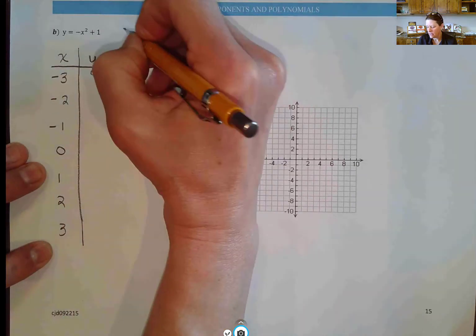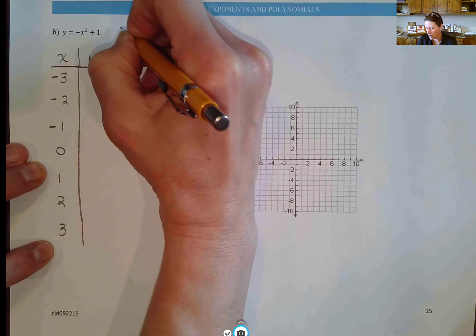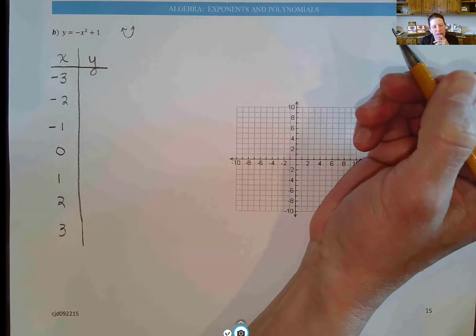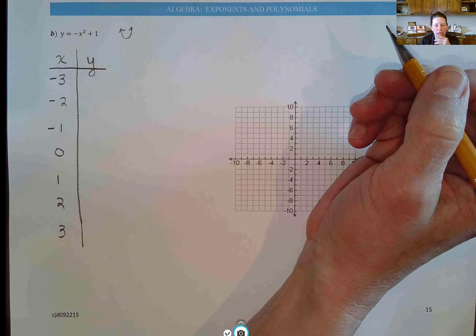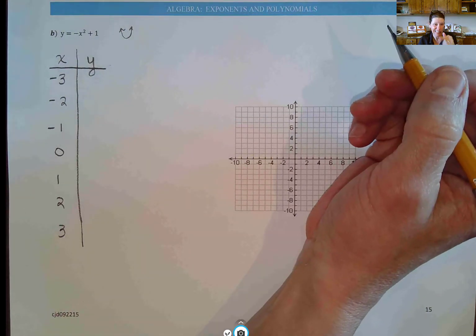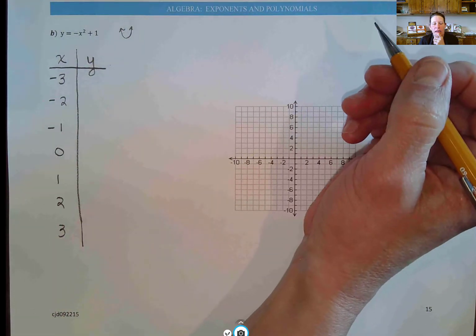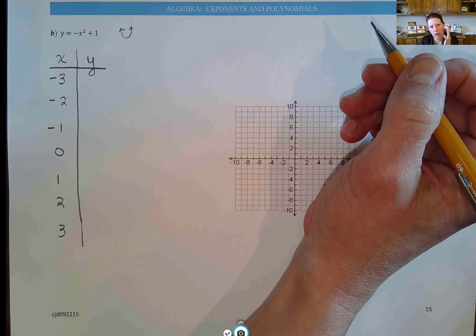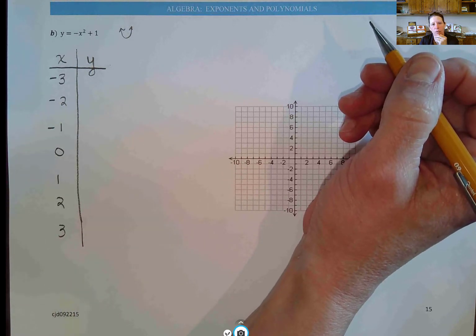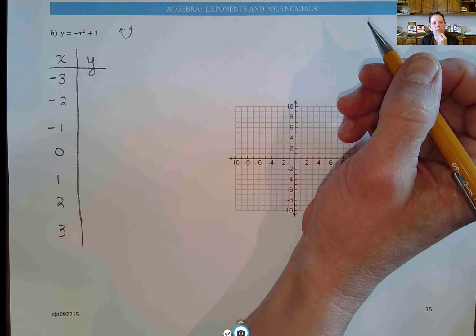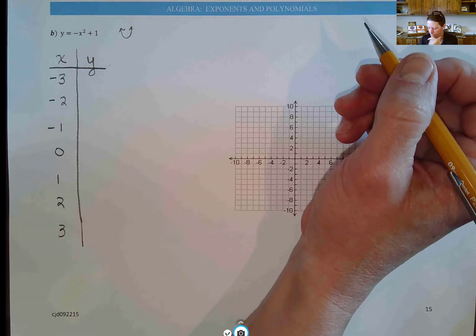But we know that essentially anytime you see an x squared, we're dealing with a parabola that's going to take some form of this shape. Now it might get moved around, or in this case flipped upside down in our graph. But there's our basic shape that we want to have in our mind when we're graphing anything of the form y equal x squared.